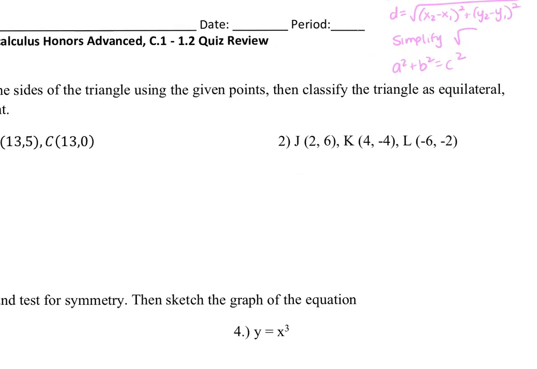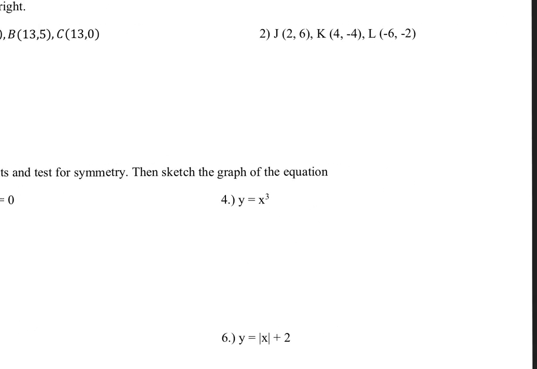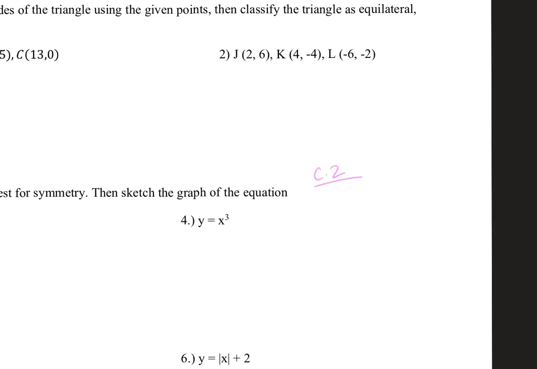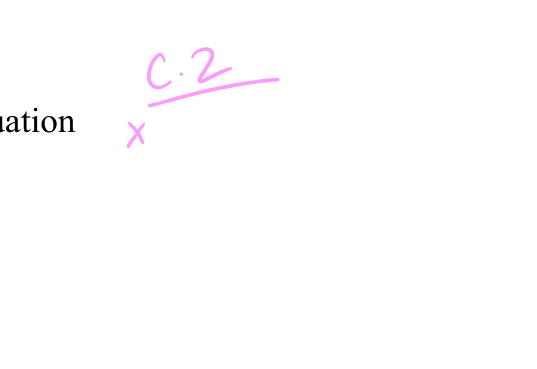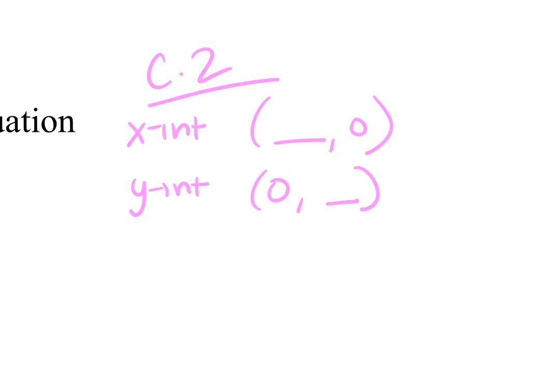Okay, good. All right, then came symmetry, and this was actually in C2, okay? To find the symmetry and the zeros, because it says intercepts, okay? For the x-intercept, we make y 0, and we make sure we put it in coordinate point form, because that will also cost you points. For the y-intercept, we make the x 0, and we also put it in coordinate point form.